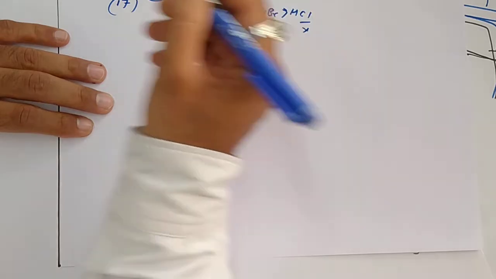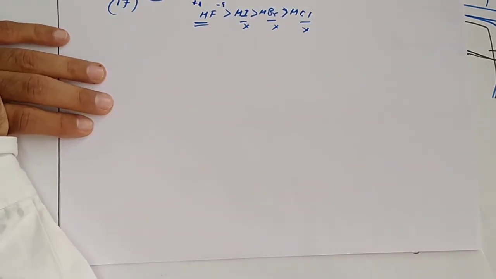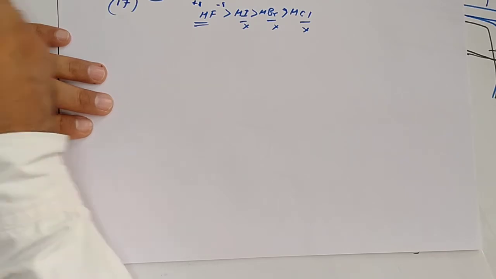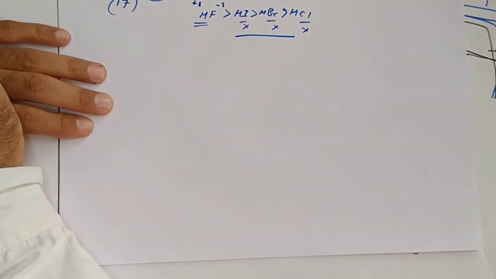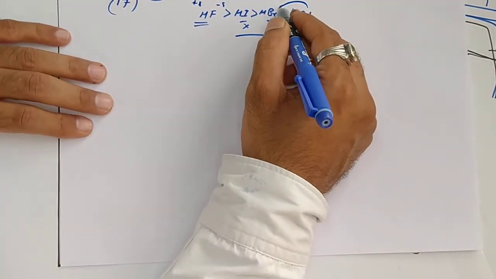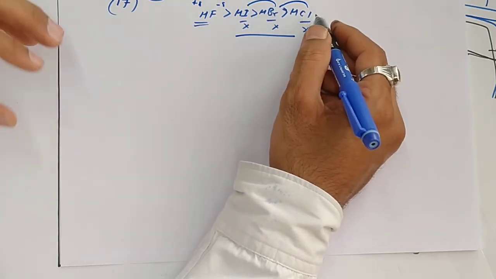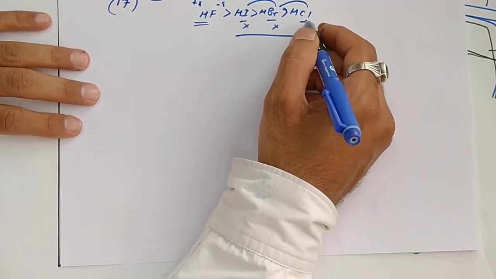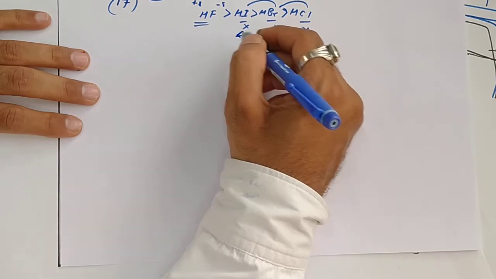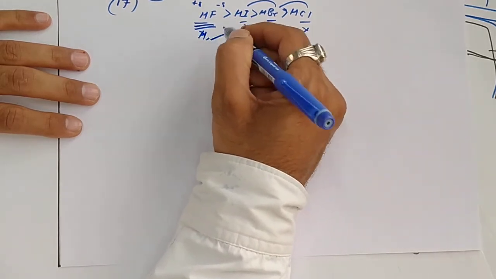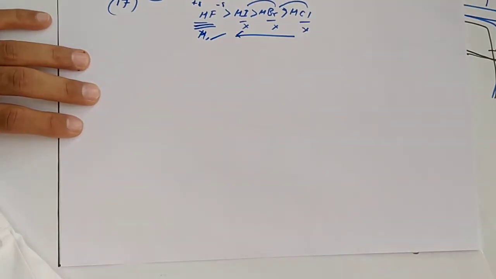Fluorine has. So HF is a liquid at room temperature and has the highest boiling point out of the 4. Here from chlorine, bromine to iodine, molecular mass increases, so the boiling point increases, but HF, due to hydrogen bonding, has the highest boiling point.